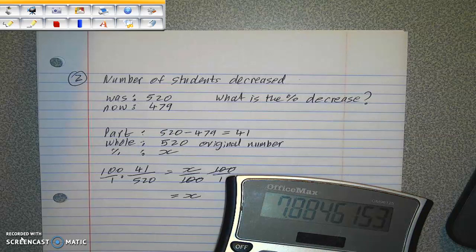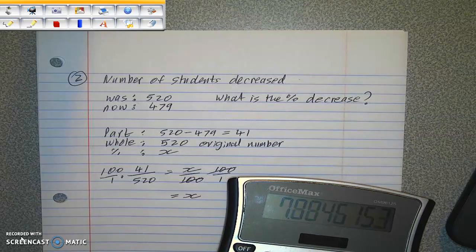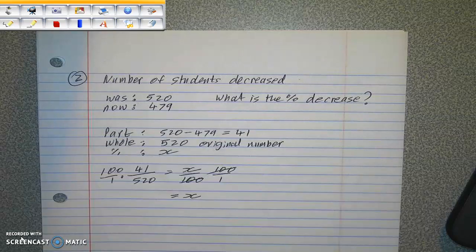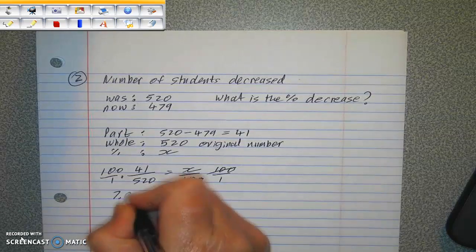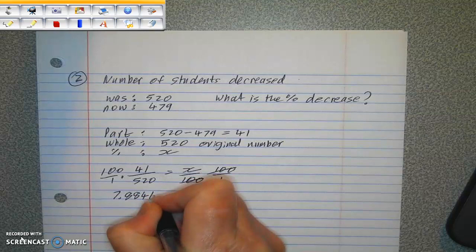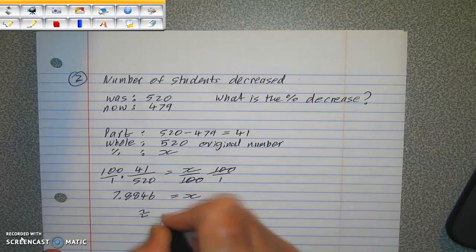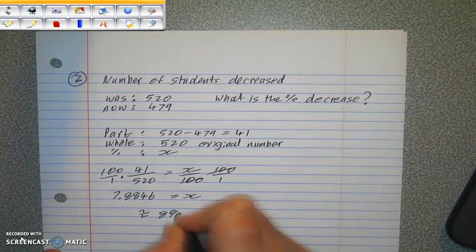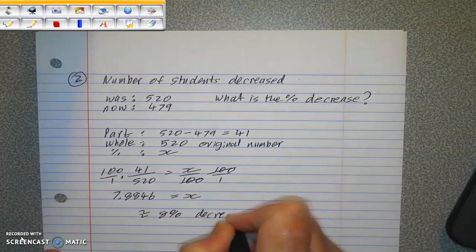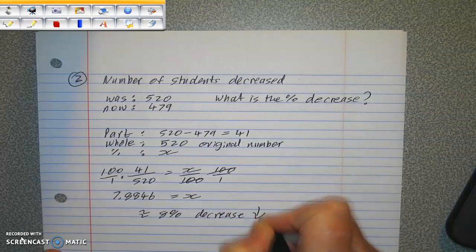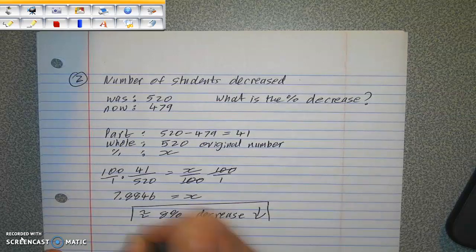And if you can see that there on my calculator, I'm getting 7.8846. That's approximately 8%. And it's a decrease. So I'm going to use a down arrow for decrease.